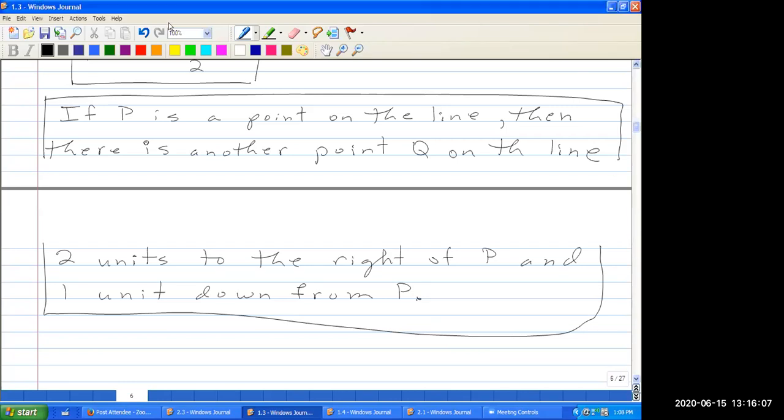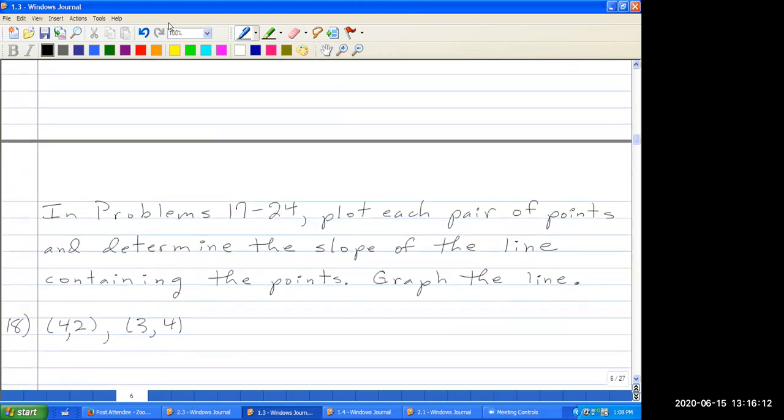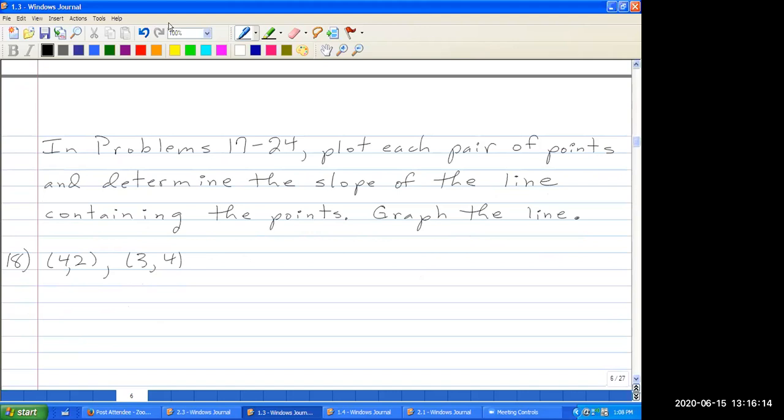Let me do problem number 18. In problems 17 through 24, plot each pair of points and determine the slope of the line containing the points. Graph the line.